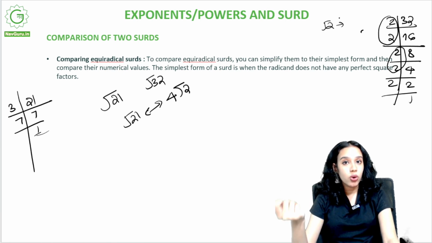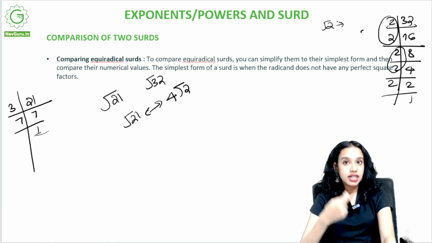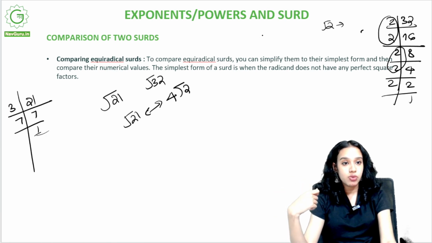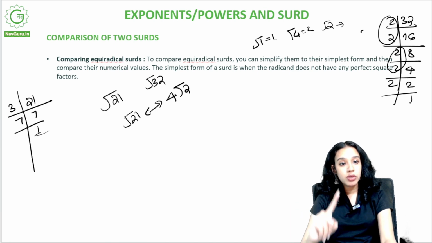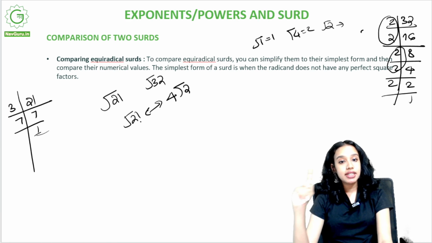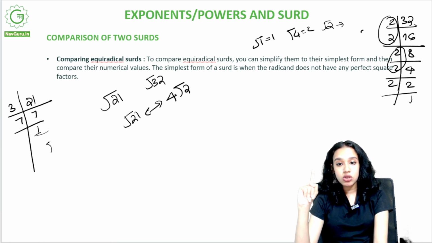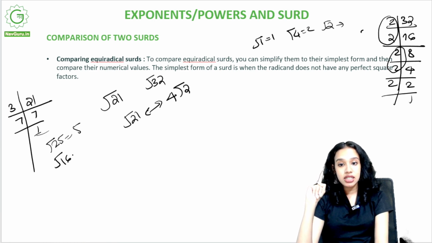We know root 1 is 1 and root 4 is 2, so root 2 lies between 1 and 2, right? Now where does root 21 lie? We know that root of 25 is 5 and root of 16 is 4, so it lies between 4 and 5.